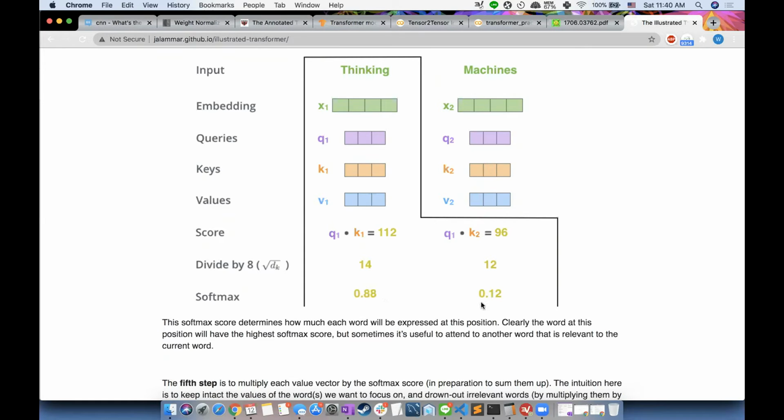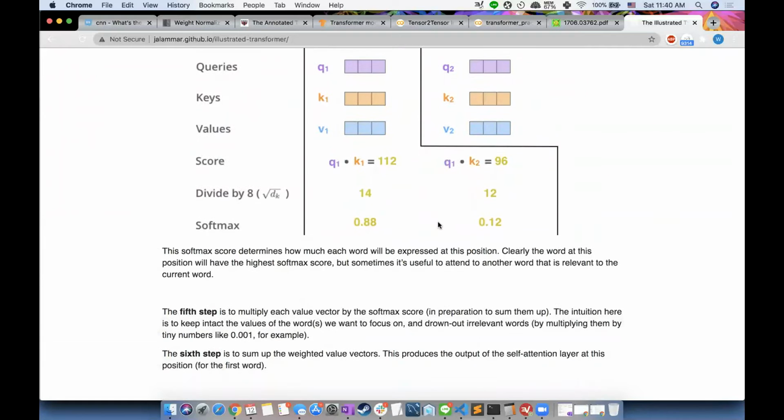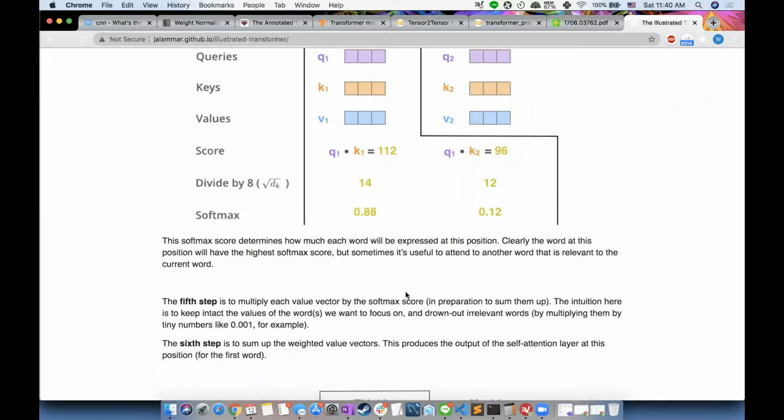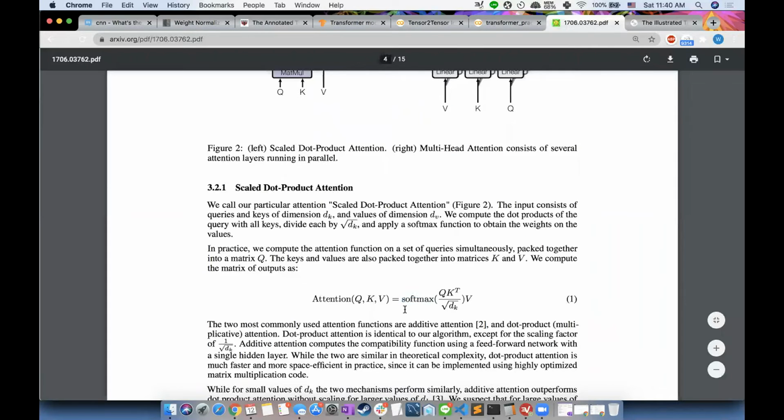That's why 0.88 plus 0.12 is equal to 1. We're literally softmaxing across 2 numbers. But obviously in real cases, you have more than 2 words. And softmax comes in here, right? That's the equation.